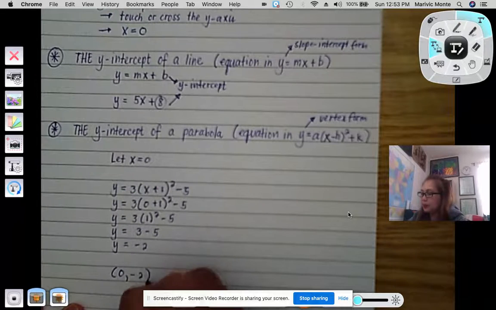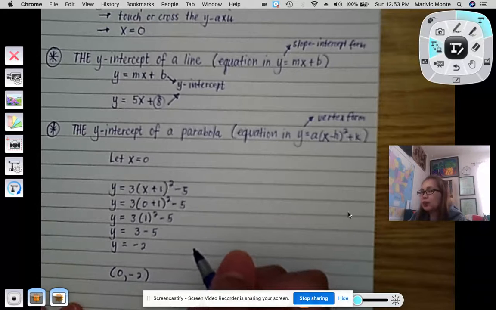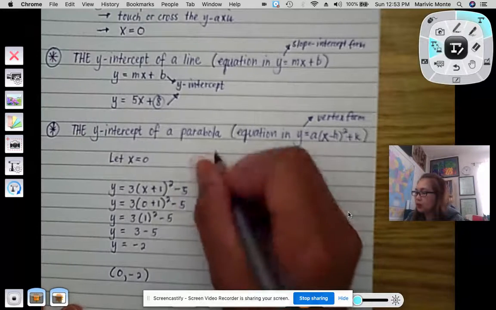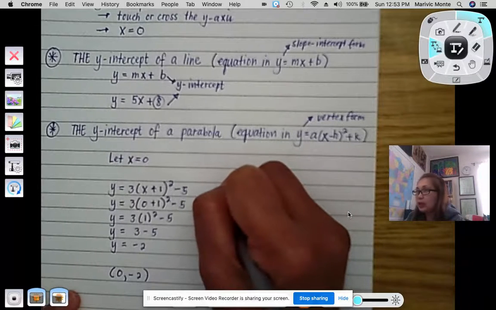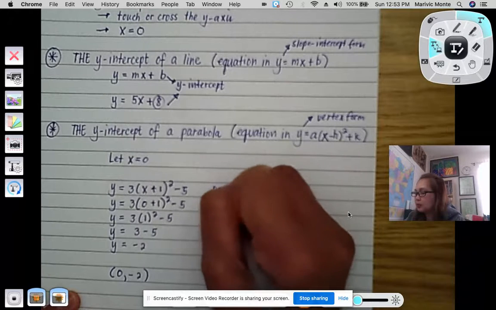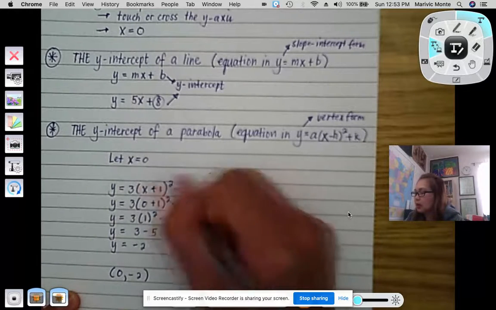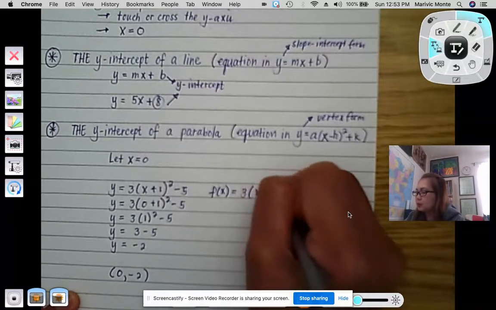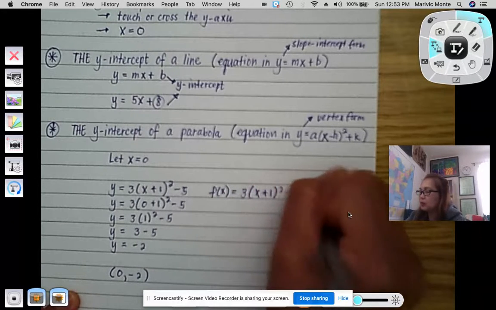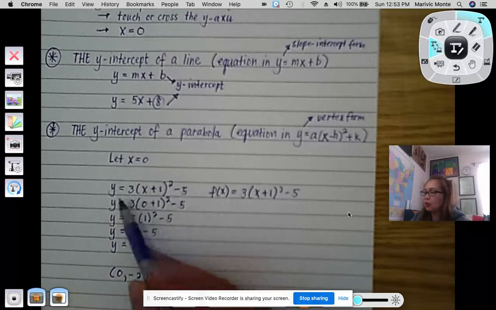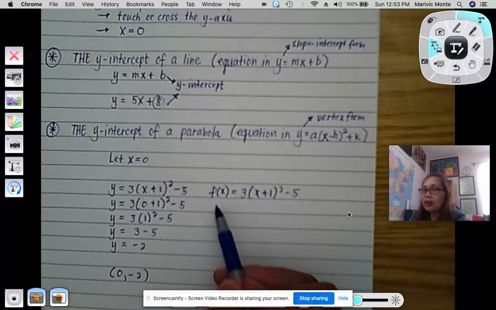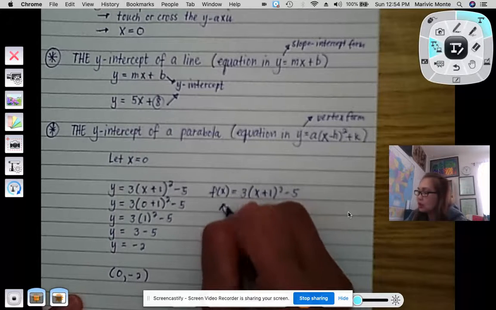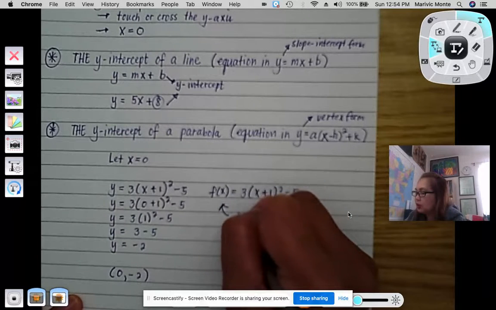Now, I want to point out that you may encounter the form f of x equals x plus 1 squared minus 5. The only difference here is that the y is written in what you call function notation.